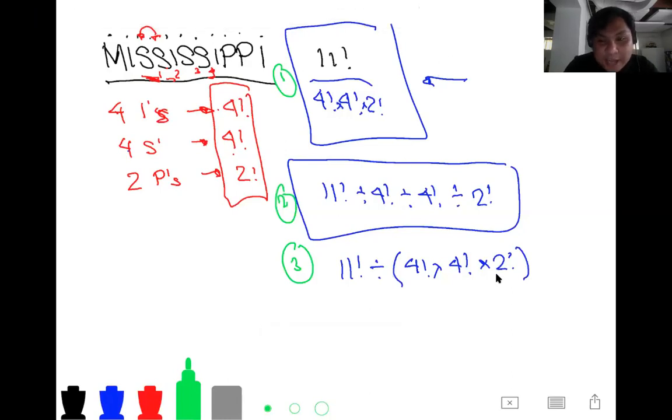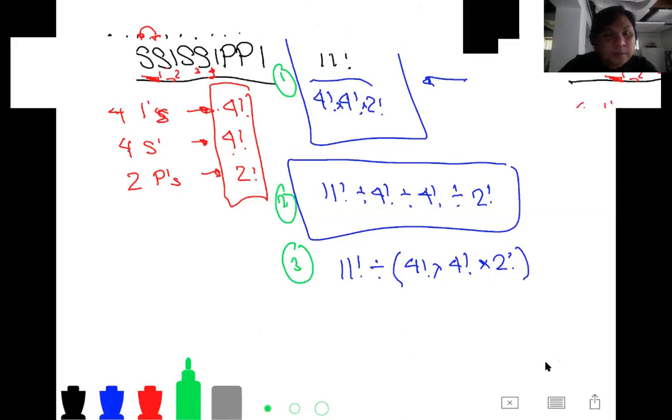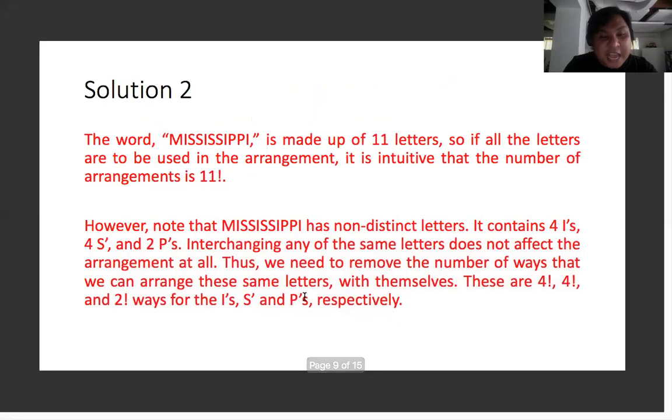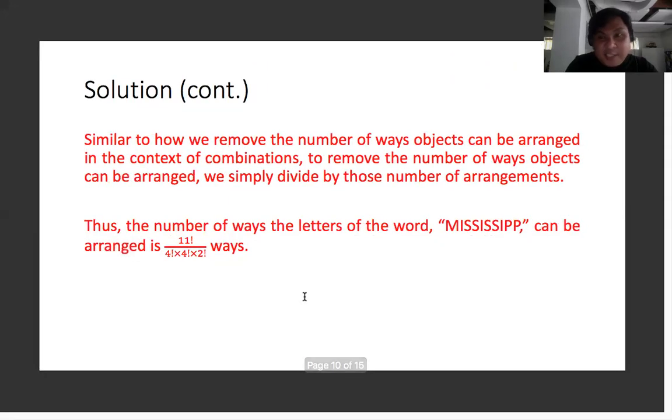Okay, so let's go back. As we go over to the next slides, we actually see some discussions here, and definitely the answer is 11 factorial divided by 4 factorial times 4 factorial times 2 factorial, right?